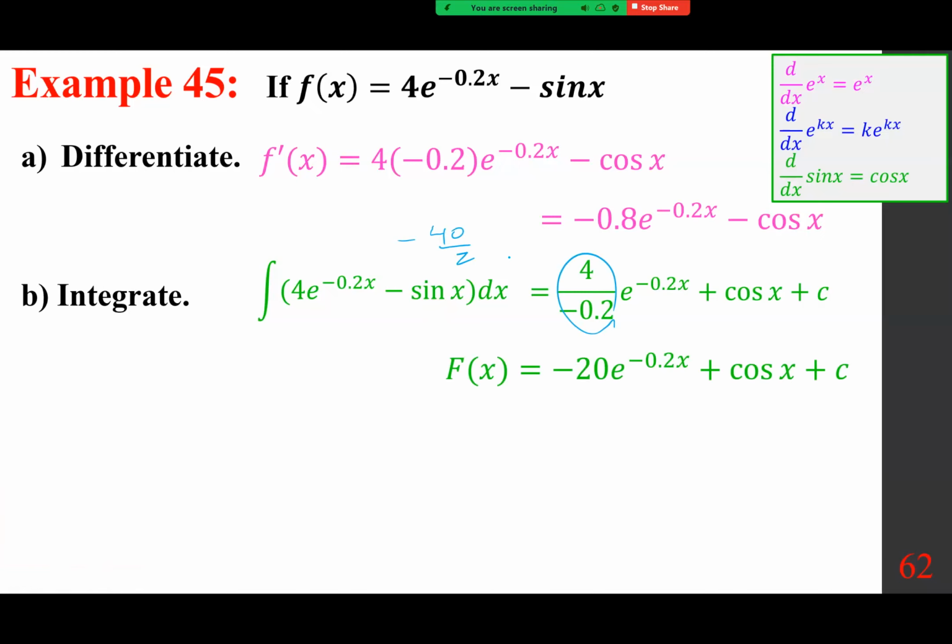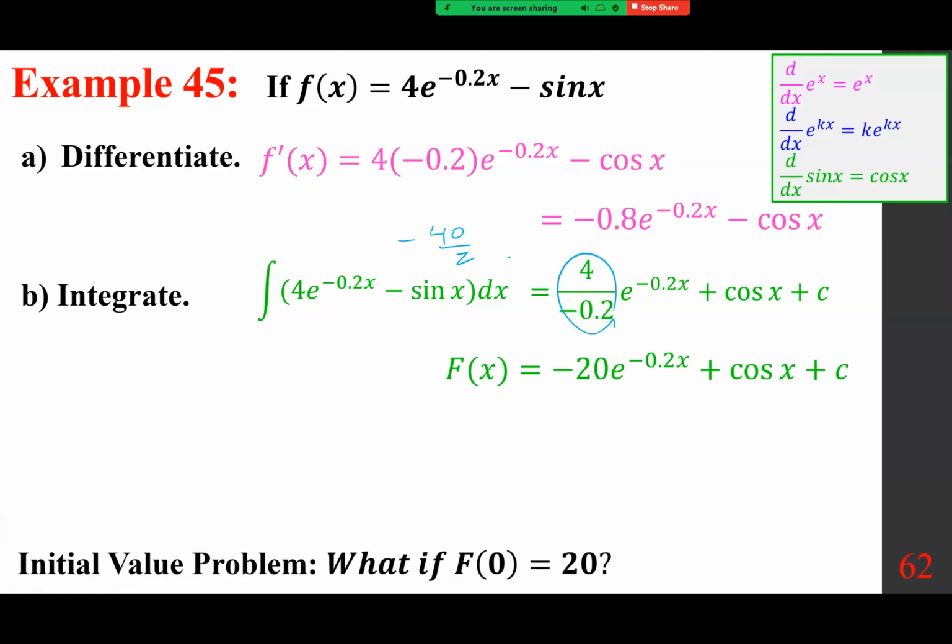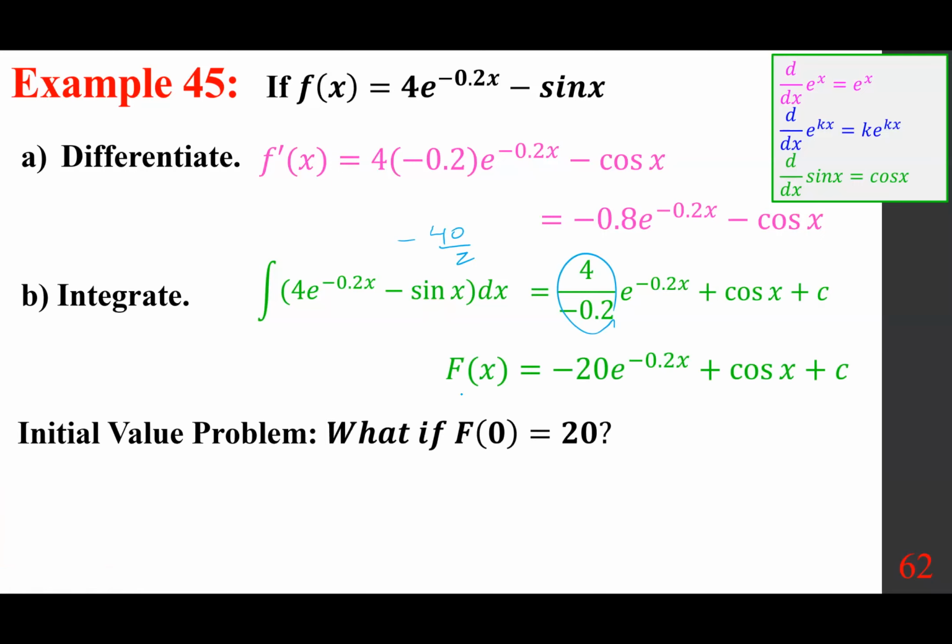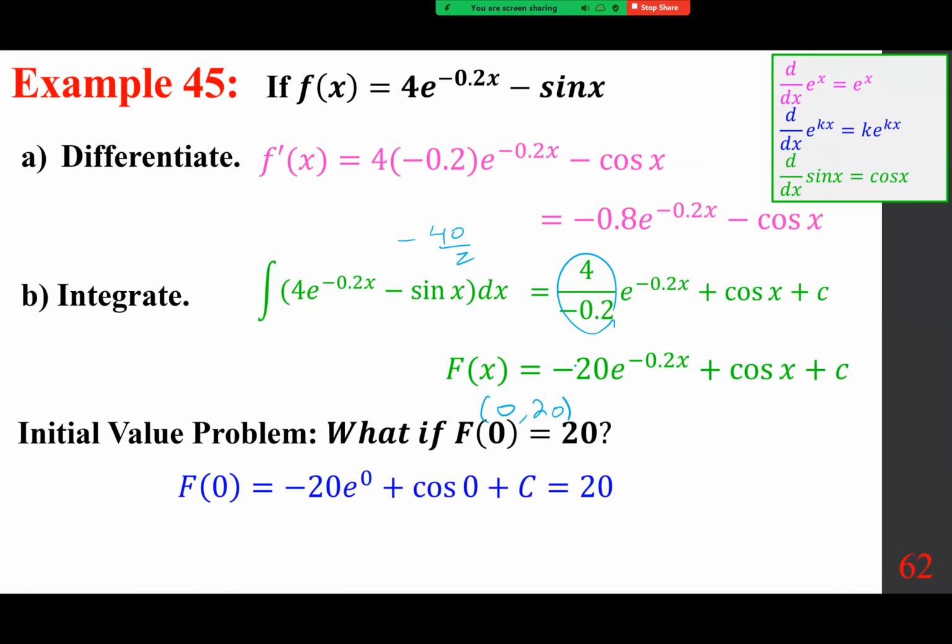Now, what if this integration, we change it to an initial value problem with f of 0 being 20, which means we have a pair 0, 20. So we are going to replace the x with 0 and capital F of 0 with 20. As you know, this is 1, so we get minus 20 plus cosine of 0 is 1, and that means minus 19 plus c equals 20.